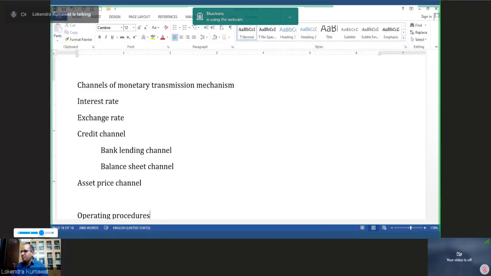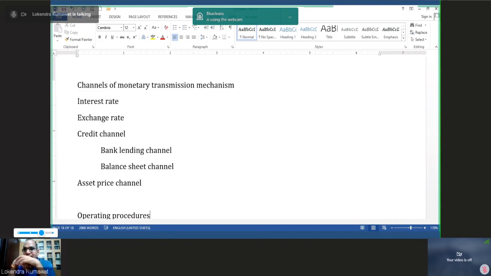Now, your book has some discussion, but keeping it aside for a while, let me talk about 2 or 3 concepts. One is a variable which the central bank chooses, that is called the operating instrument of the central bank. Then there is a variable which the central bank targets while deciding how much to change. That is called the operating target.